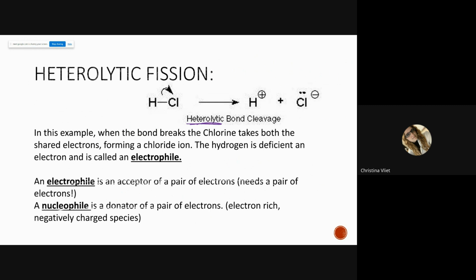And it's because of what happens in the mechanism why these are called what they're called. And so from henceforth, when you see something that's positively charged, you are now to call it an electrophile.